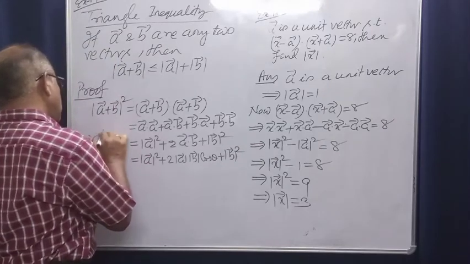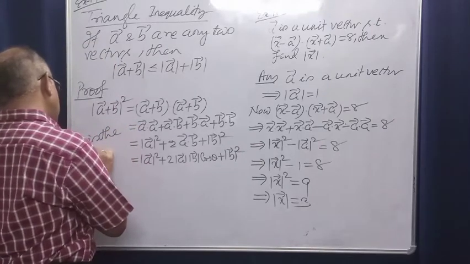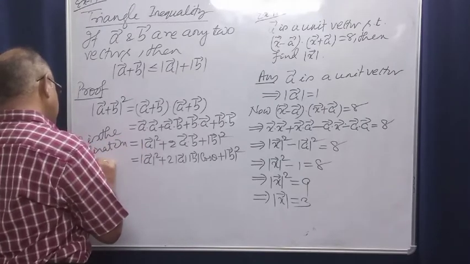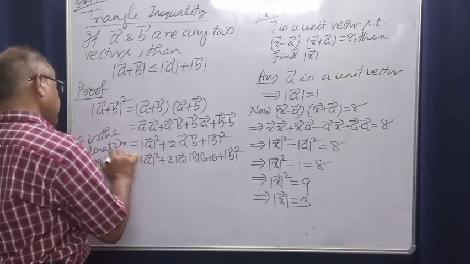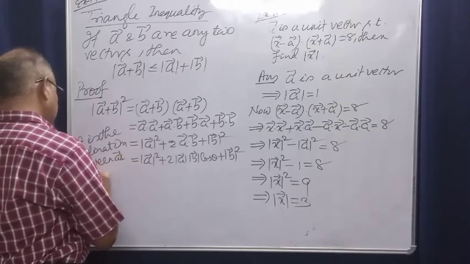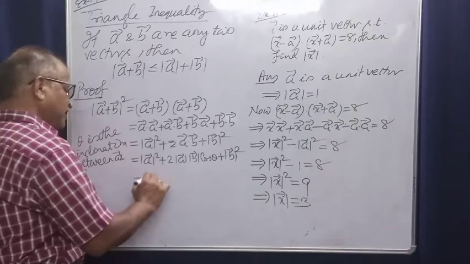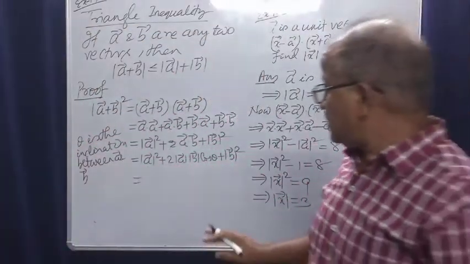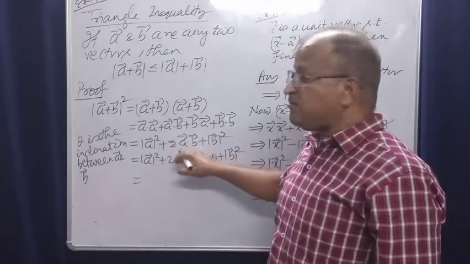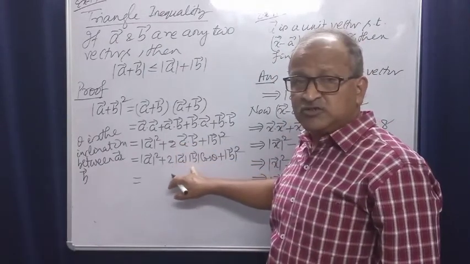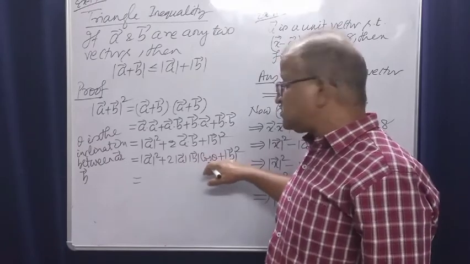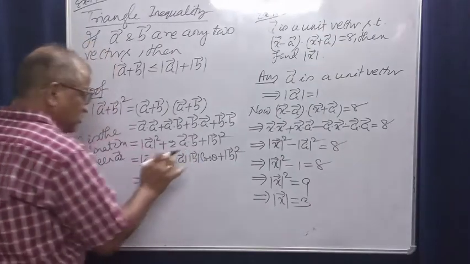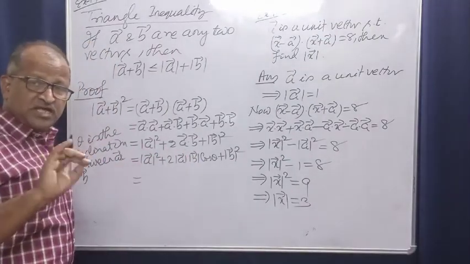Theta is the inclination between A and B. Now, you see, cos theta is always less than or equal to 1.